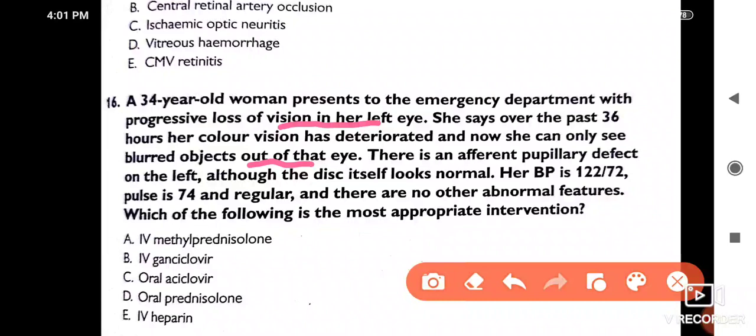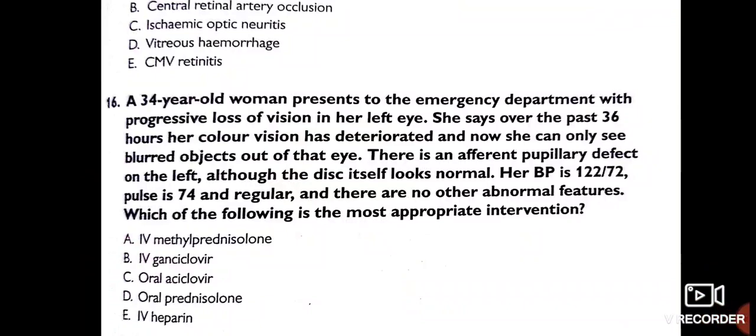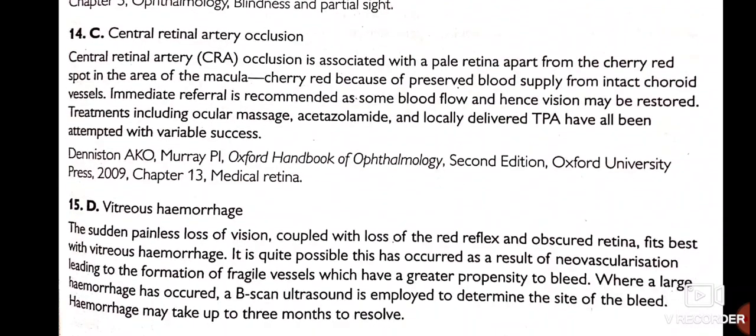There is an afferent pupillary defect on the left, although the disc itself looks normal. Blood pressure 122/72, pulse 74, straight, regular. There are no other abnormal features. Which of the following is the most appropriate intervention? In this condition, we need to give her IV methylprednisolone. Let's discuss both answers.